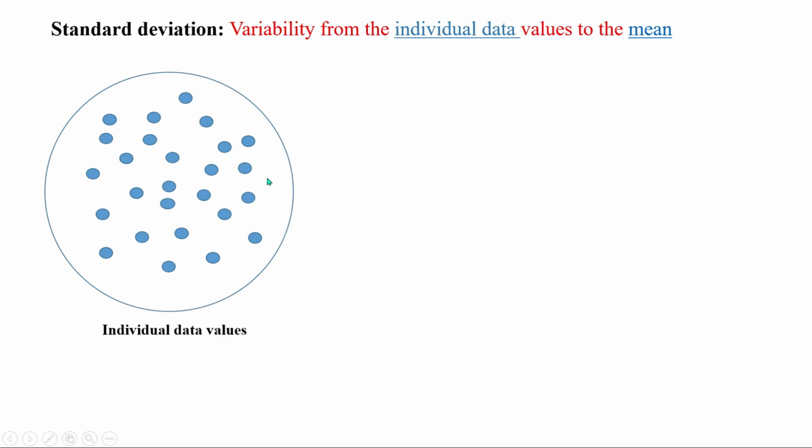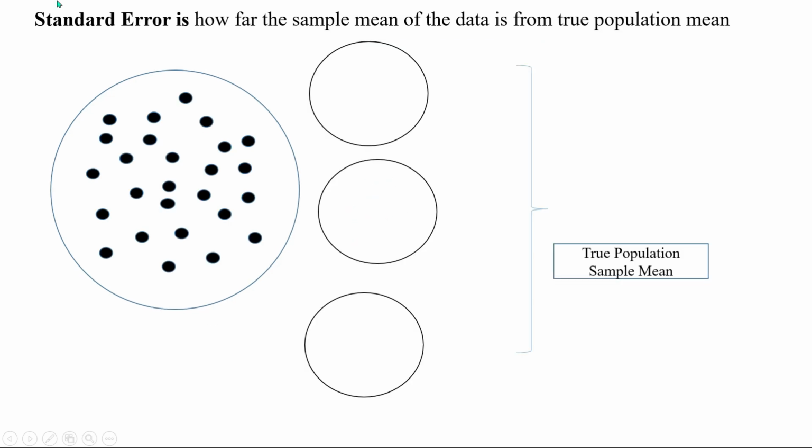From these sample values we calculate the mean, and this is the sample mean. The standard deviation measures the variation of these individual values from this sample mean. That means how far each individual value is from this sample mean. So this is about the standard deviation.